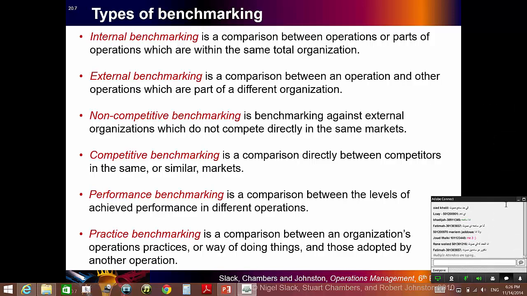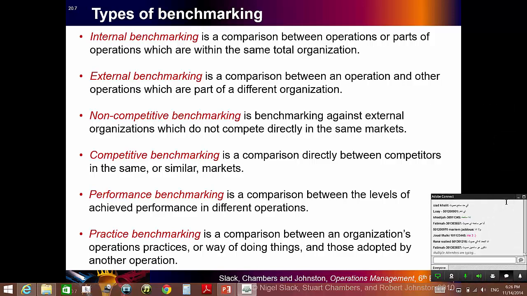Benchmarking means, first of all, comparing our processes with others, or comparing our organization with other organizations in the same market, or sometimes in different markets, but they have the same operations or the same processes that we have. So these are the types of benchmarking, and you need to differentiate between them.